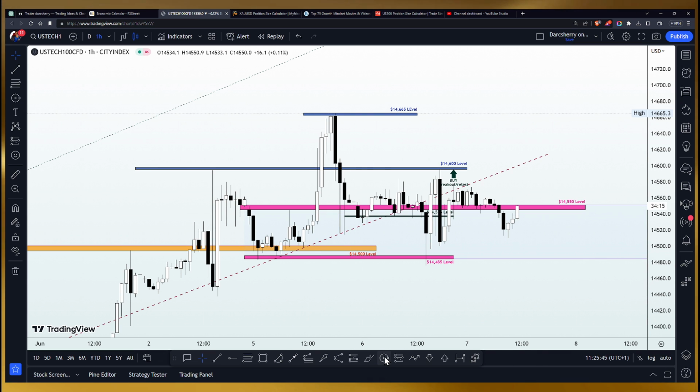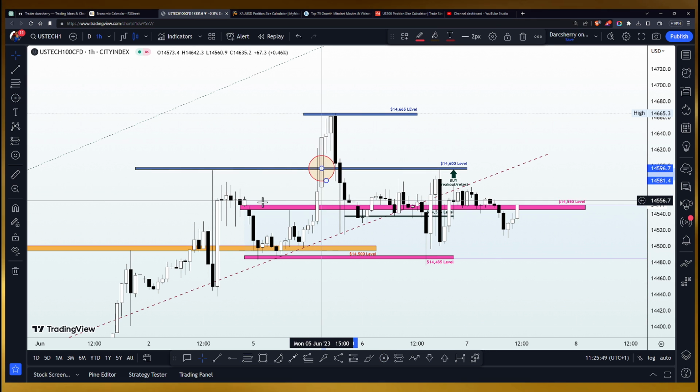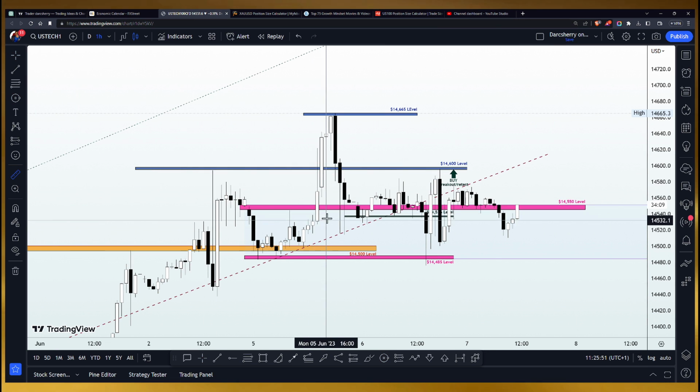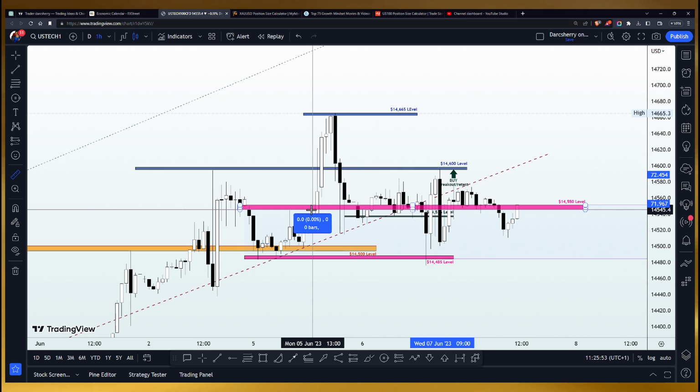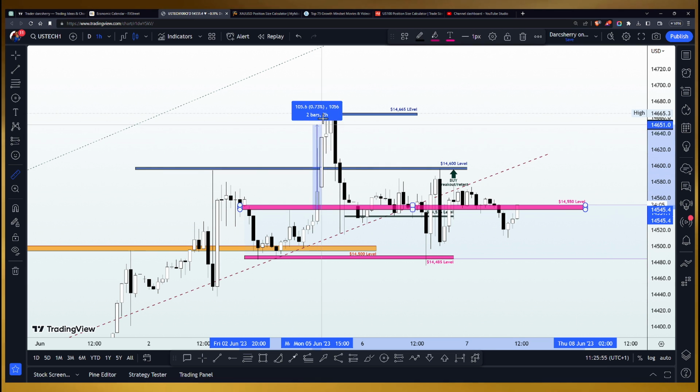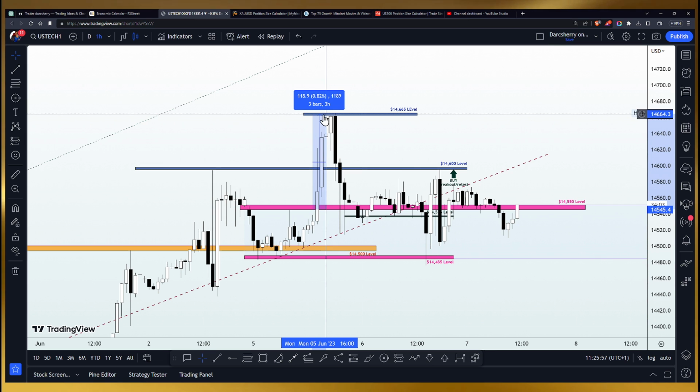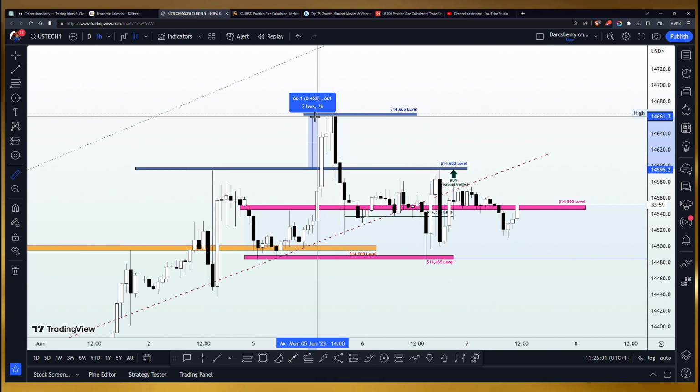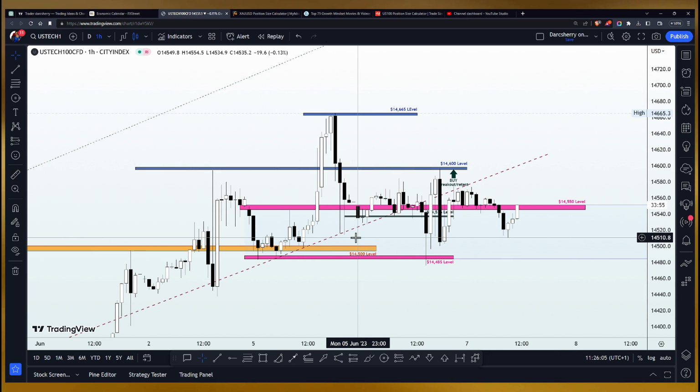And then we also had the privilege of adding more position at the breakout of the 14,600. So as at Monday's trading session, we were already profitable on the US Tech, as we saw the first position run over 120 pips in our favor, and the second position ran over 70 pips in our favor before we saw this bearish momentum, bringing price crashing all the way down back into that range that we identified at the beginning of the week.